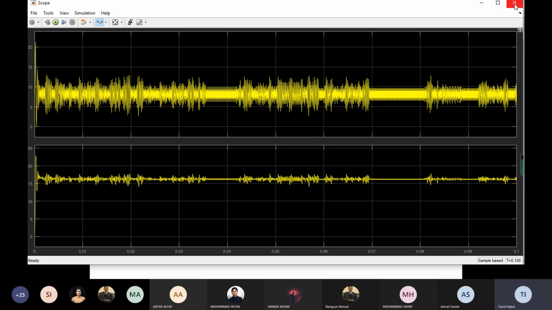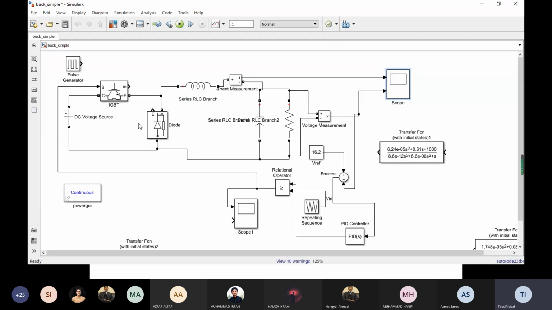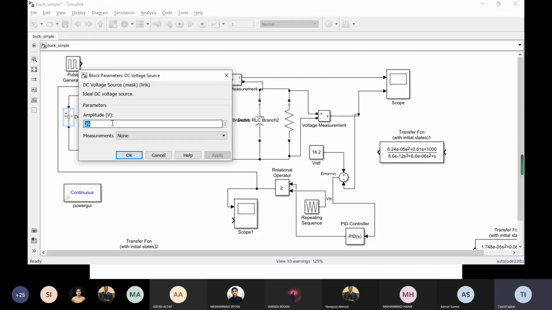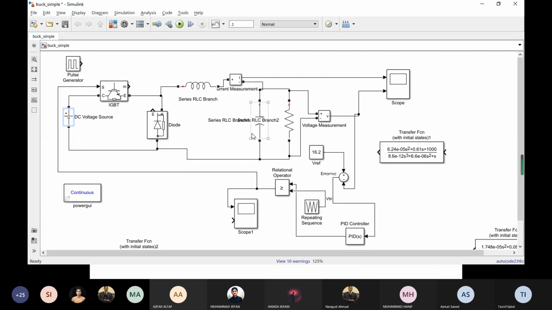So to find out whether the PID control is robust, let's change the input voltage from 29 to 50 volts and see if our PID controller can stabilize the output voltage.